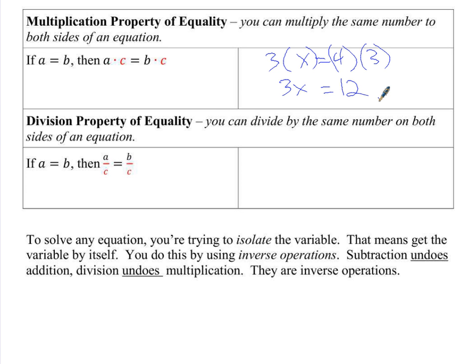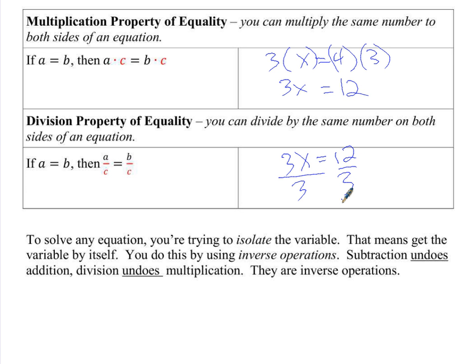For the division property of equality, if I have a equals b, again, just like on all the other properties of equality, but now I divide a by some number, and I divide b by that same number, I wind up with a true statement. So for example, let's say 3x equals 12, and I divide both sides by the same number, in this case 3.